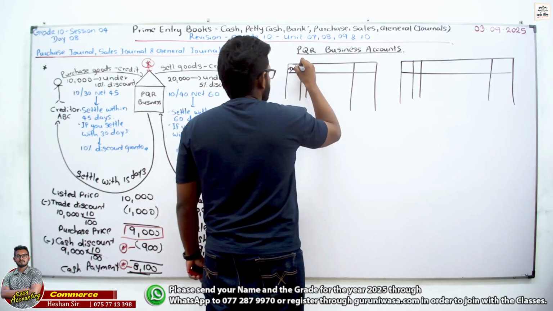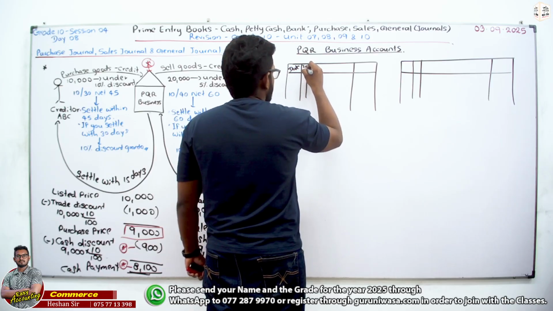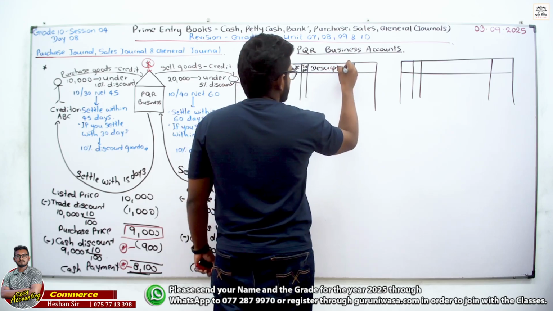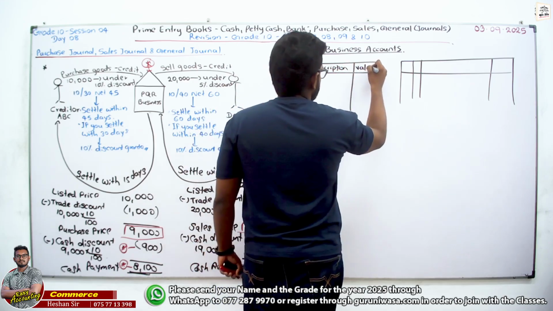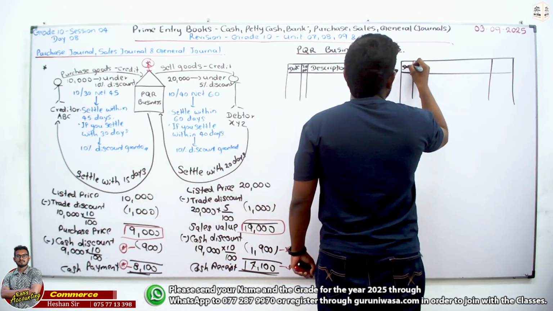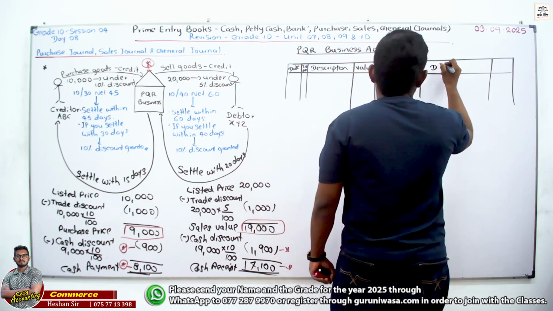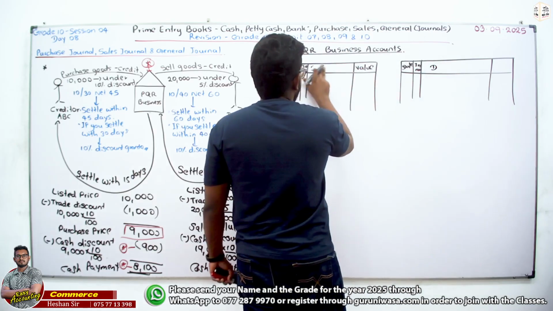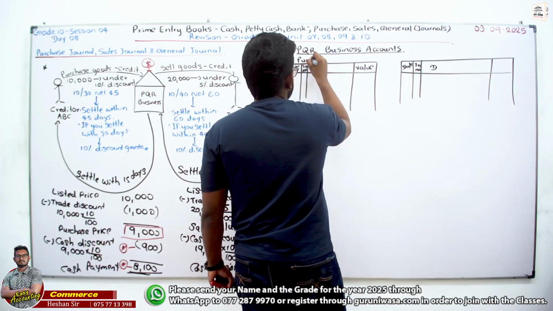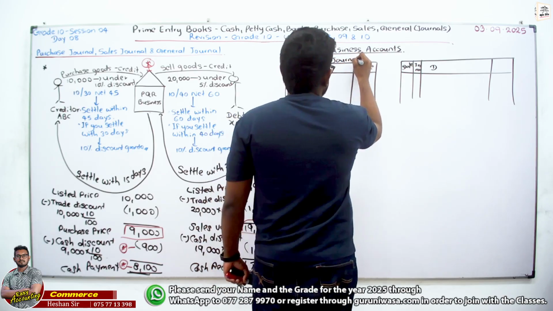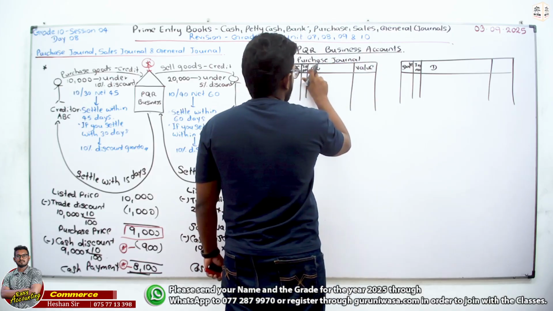Date, invoice number, description, and the value. In here, date, invoice number. Actually, if I take the purchase journal, we write it as supply.